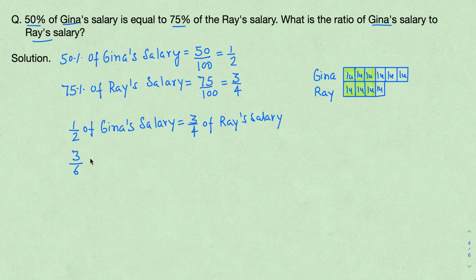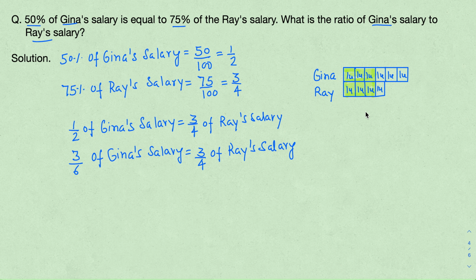So from here we get 3 by 6 of Gina's salary will be equal to 3 by 4 of Ray's salary, right? And it makes sense also. You can see it from here. 3 by 6 means out of 6 units, 3 units of Gina is equal to 3 units of Ray, who has in total 4 units, right?